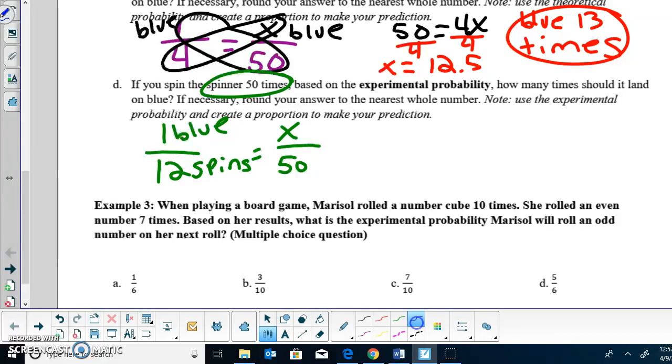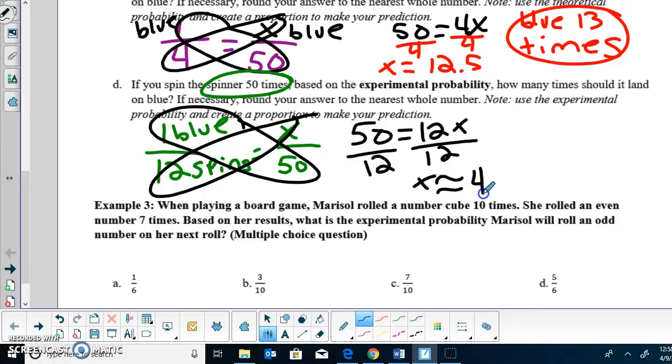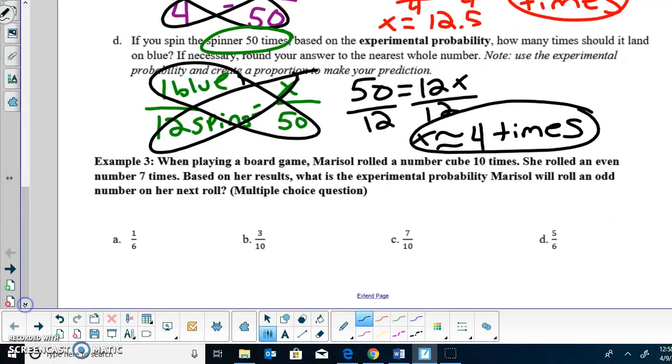Now I just need to solve my proportion. 1 times 50 is 50. 12 times x, 12x. Once I divide by 12, I get a small decimal of 4.16, which rounds to approximately 4 times. Based on the experimental probability, it should land on blue 4 times. Now, I want you to pause the video, try example 3, and then play it to check your work.